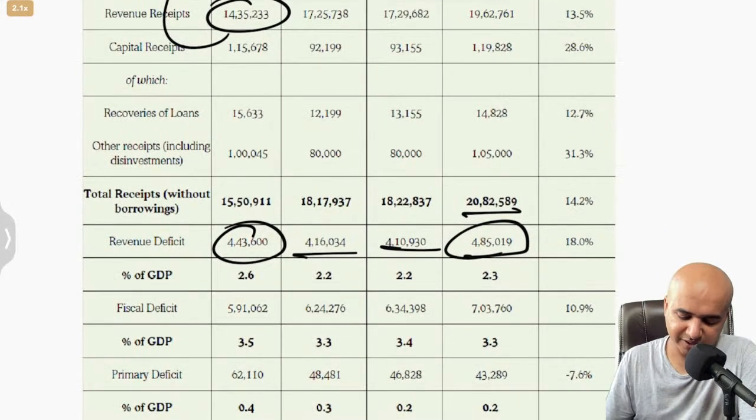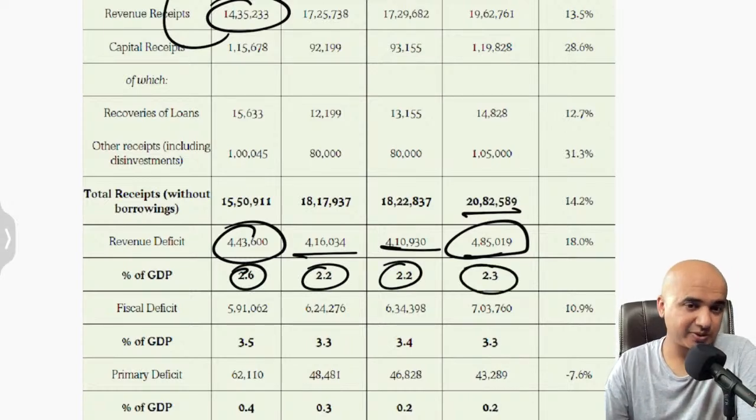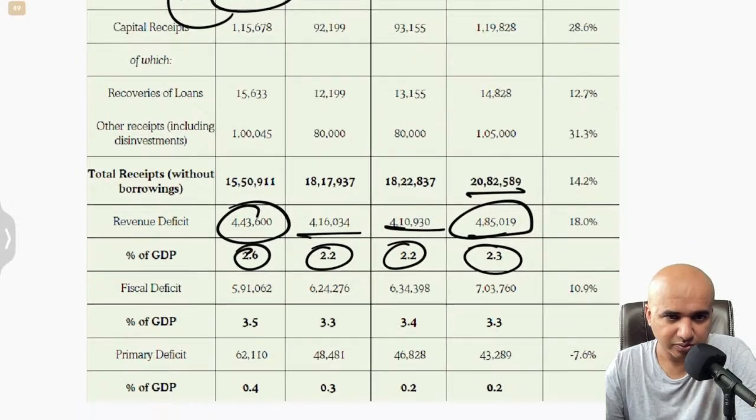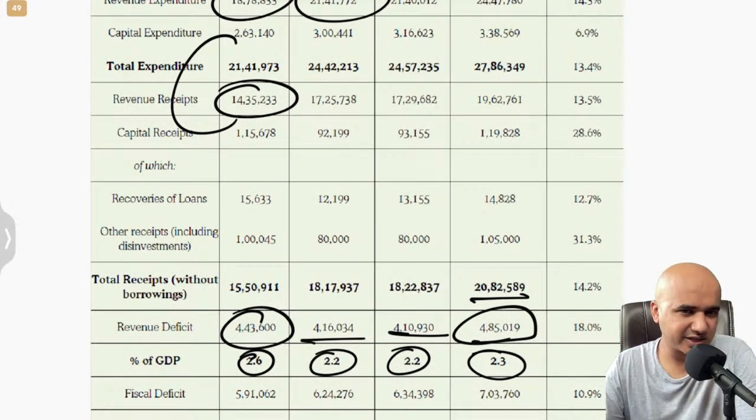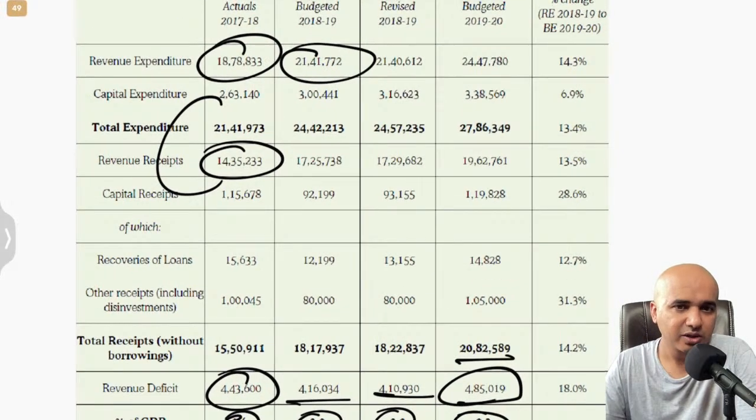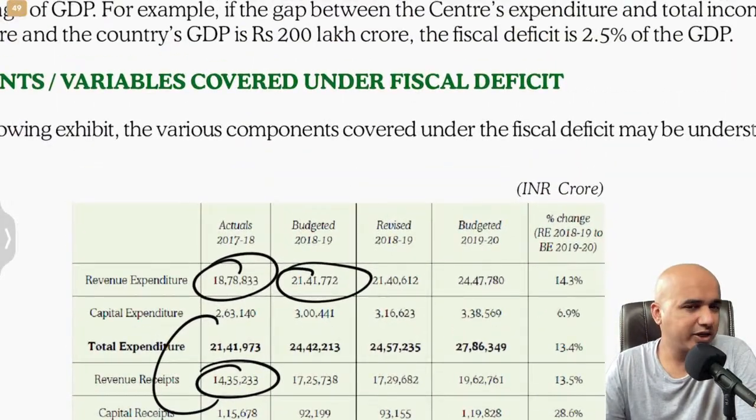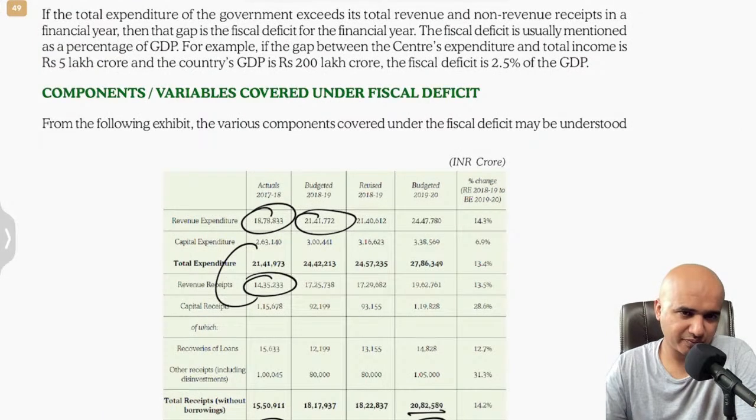They have given a percentage of GDP as well: how much deficit are we incurring every year as a percentage of GDP. Then this is the fiscal deficit, again as a percentage of GDP. Primary deficit, again percentage of GDP. All these calculations you can check out later on. Not a big deal. This is the actual data. No need to remember any of this stuff, whatever is there in this table.